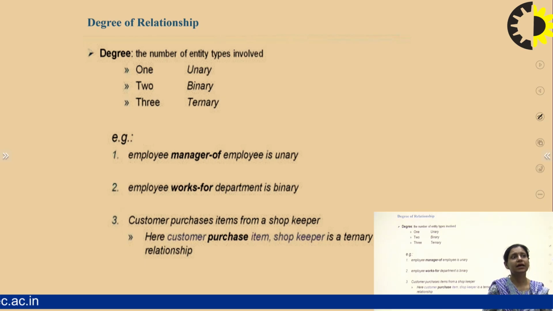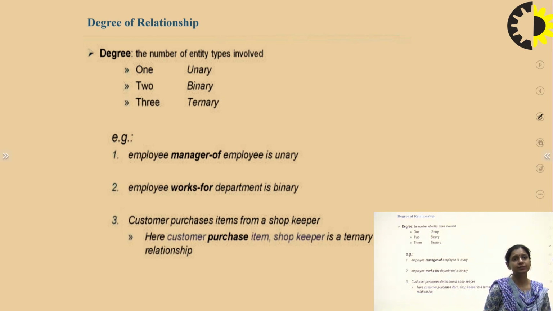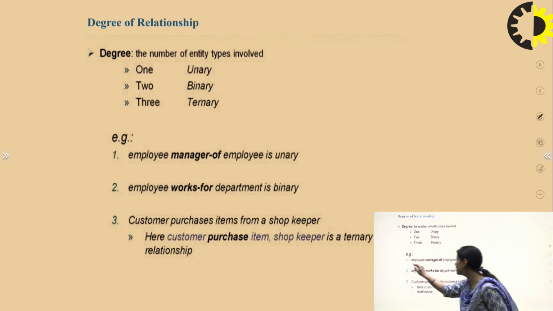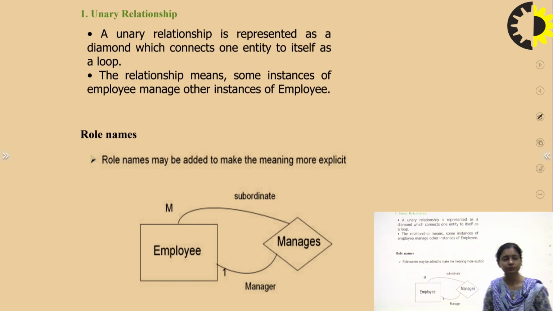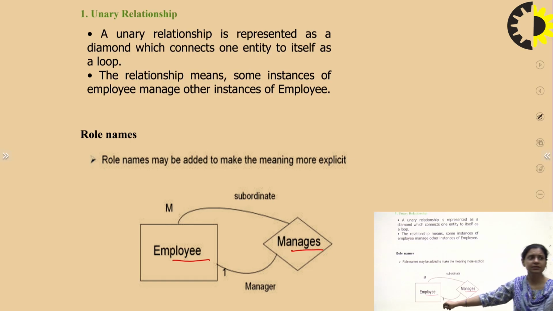When we say degree, it is the number of entity types involved. Unary degree means there is only one entity, and the entity is related to itself. Like an employee is a manager of an employee. For example, here we have the diagram where an employee manages the employee itself.